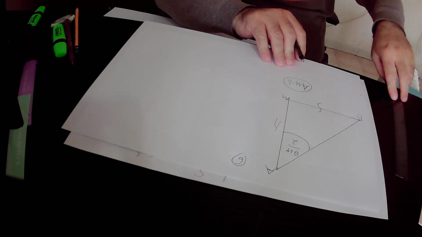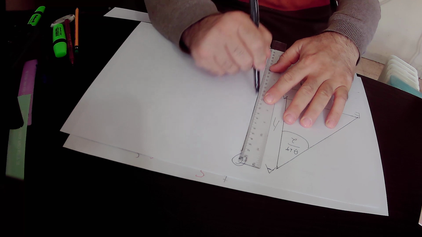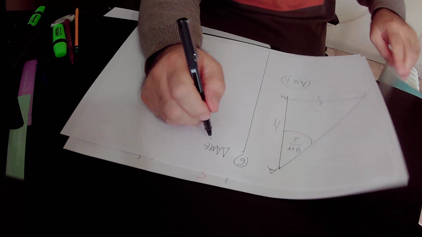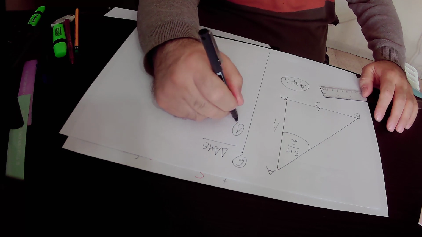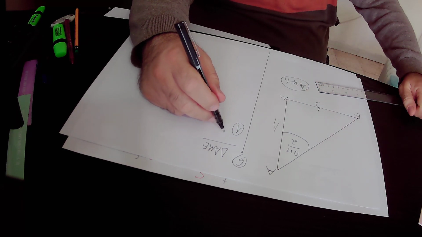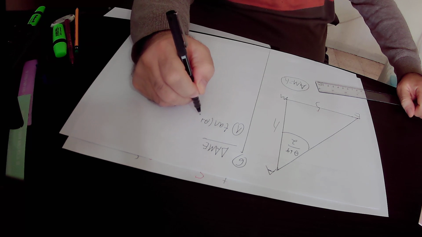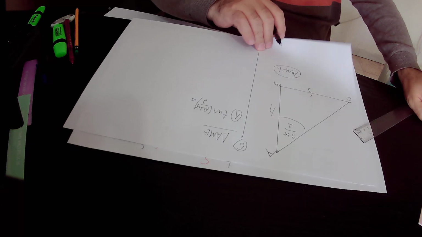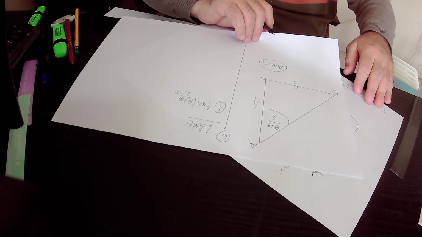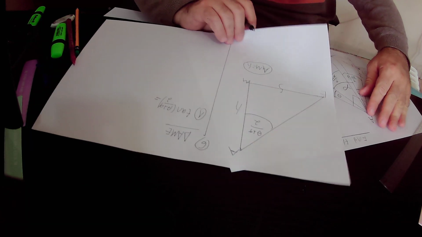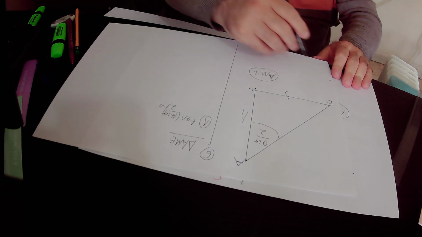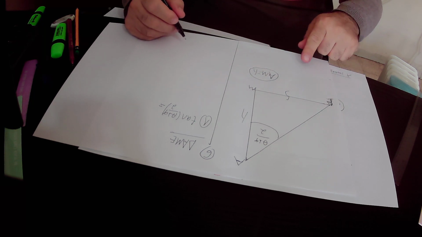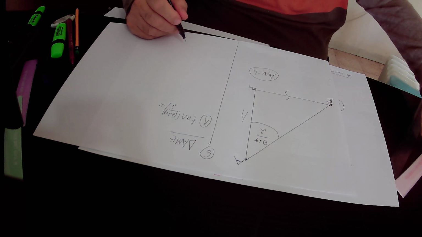So in the right triangle, triangle AME, this angle equals 90 degrees.